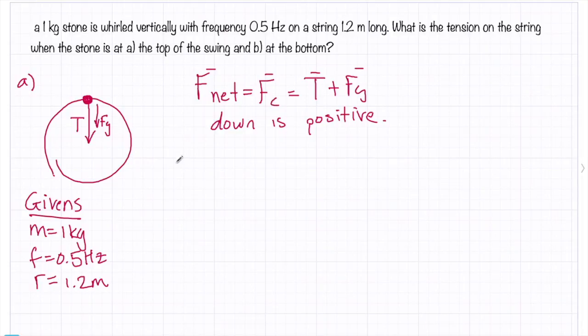So let's fill in what we know. Fc, we're going to choose an equation that involves frequency. So we'll choose the frequency equation, the centripetal force equation that looks like this. And it's equal to T, which is what we're looking for, plus mg.